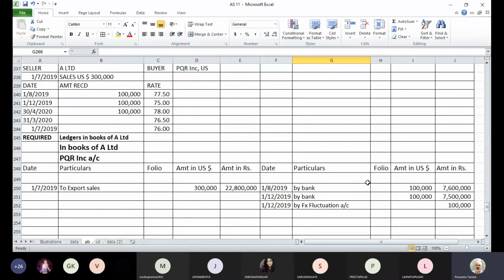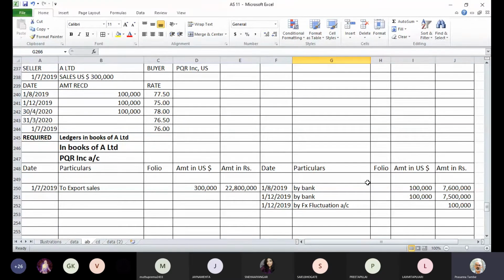So our entry will be PQR Incorporated account debit to FX fluctuation account to the extent of $1 lakh at 50 paisa per dollar. Are you with me on this entry? Year-end changes? Did you follow what I said about the end of the year situation? Yes, sir. $1 lakh are outstanding.